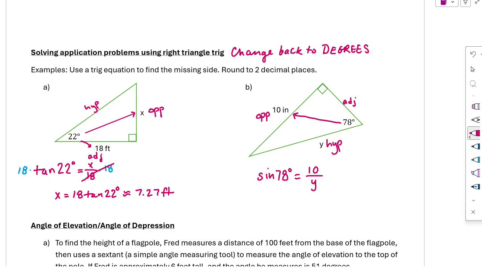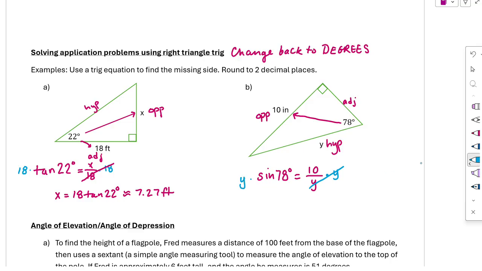So notice that I don't always just put the variable on the top. It would be more convenient, but I always use the ratio, SOH. Opposite over hypotenuse is sine. All right, so to solve this one takes a little bit more algebra. We need y, but we don't want it on the bottom there. So we're going to multiply both sides by y.